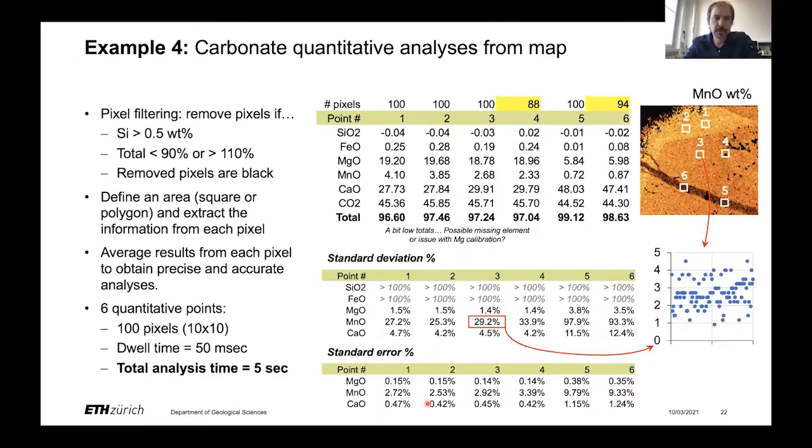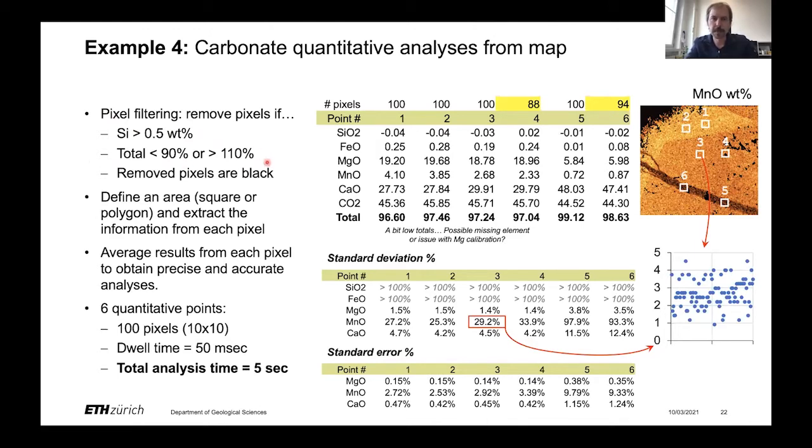So let's have a closer look now. I'm introducing an option in this software, which is pixel filtering. You want the best data. So if you are looking at carbonate, for instance, you may want to exclude every pixel that shows a high signal in silicon, here for instance more than 0.5%. I can also filter my pixels by saying any totals that are too low or too high, I exclude them.